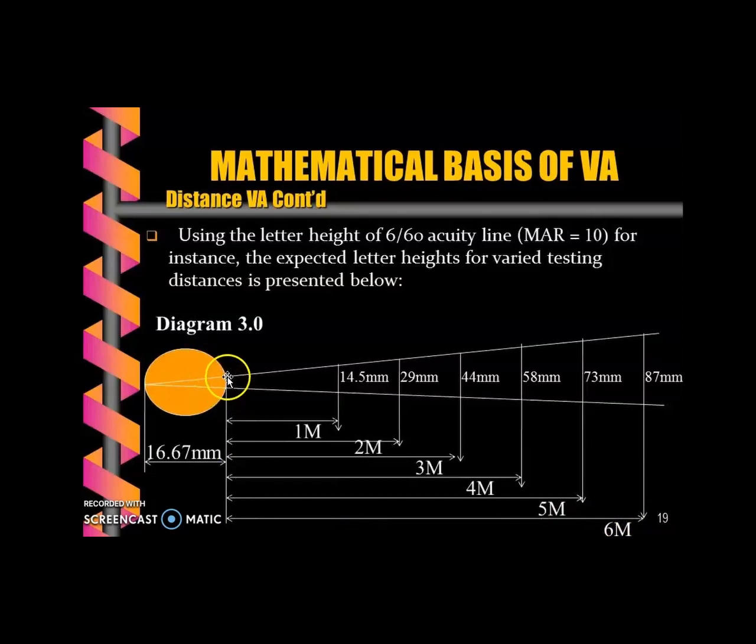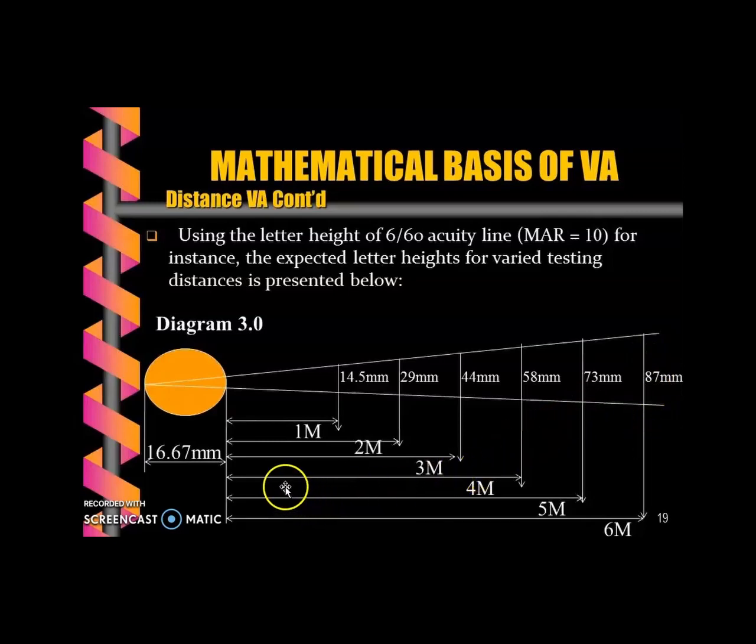This is the cornea plane, and the object is placed 6 meters away from the cornea plane, and the height of the object that must subtend 5 minutes of arc, or 1 minute of arc, at the macular plane will have to be 87 millimeters high.